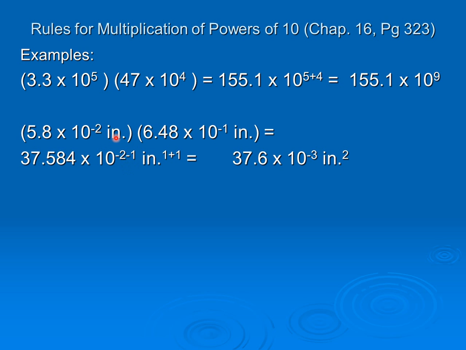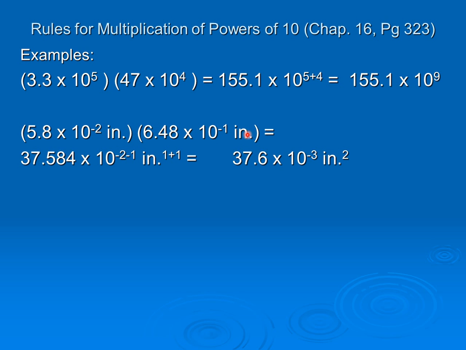Even the units get multiplied. For example, there is inch and there is inch. We assume there are powers: inch to the power 1 and inch to the power 1. Multiplied, that means their powers are added and that becomes inch squared.